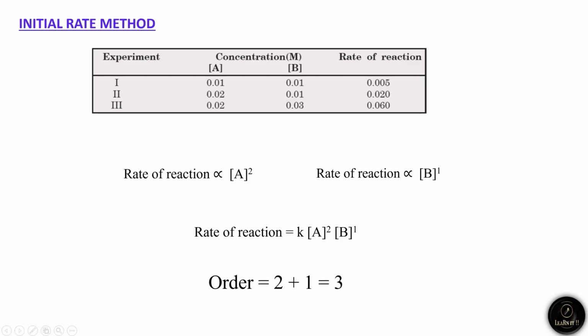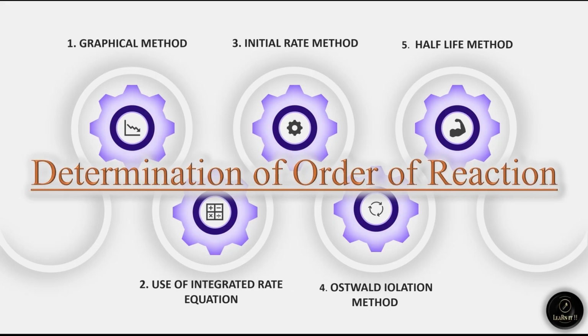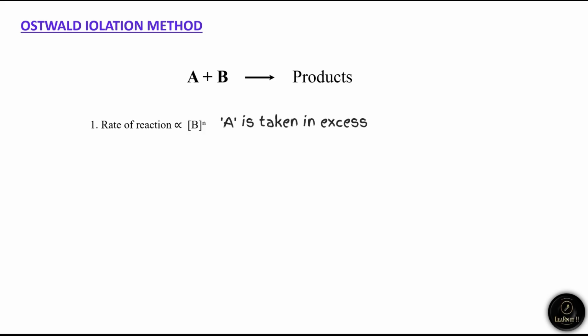The next method for the determination of order of reaction is Ostwald's isolation method. This method helps to determine the order of reaction by simplifying the kinetics. For instance, in a reaction involving A and B, you can keep A's concentration very high.